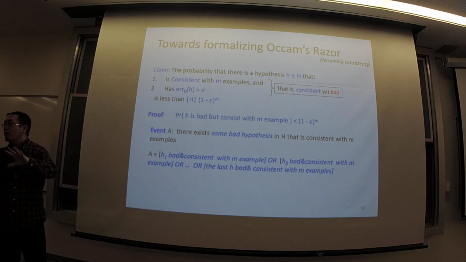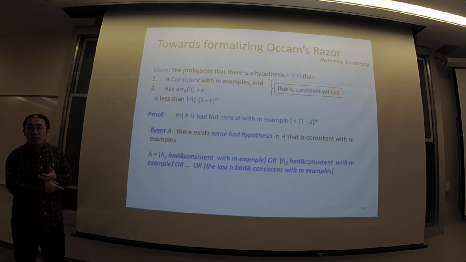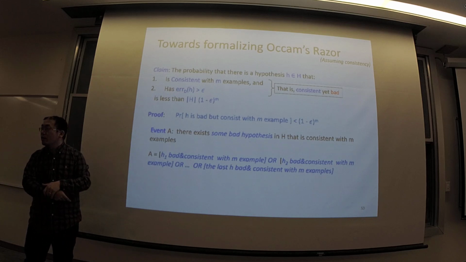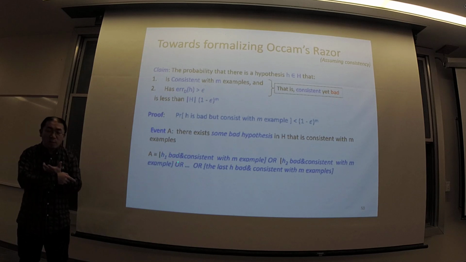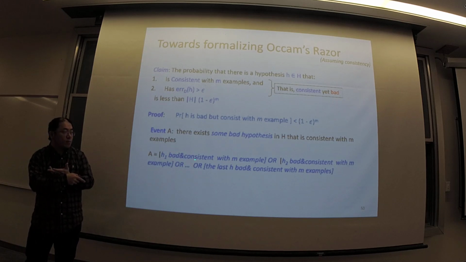We have all kinds of possibilities. So we can represent this event as a union of a set of events, where each event is that some specific hypothesis in the space is bad and consistent with the m training examples.